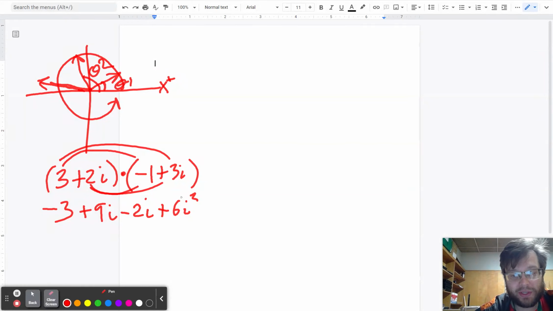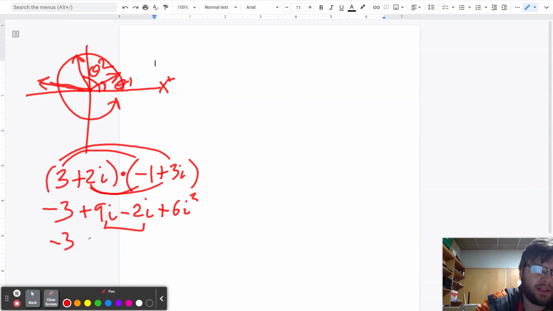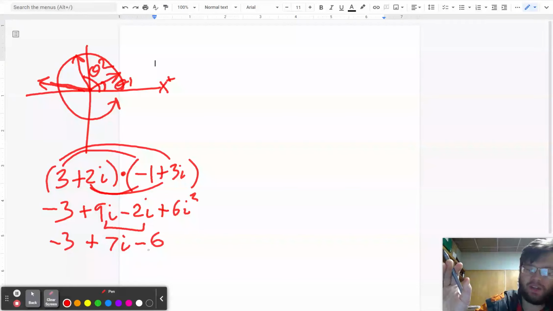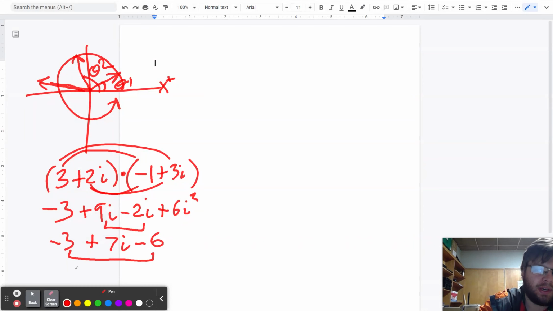The only definition of the letter i as a number is that i squared is -1. So we have -3. Combine these like terms to get 7i. 6i squared is -6, because I had 6 times i squared, 6 times -1. Combine those two numbers together, and I get -9 plus 7i.